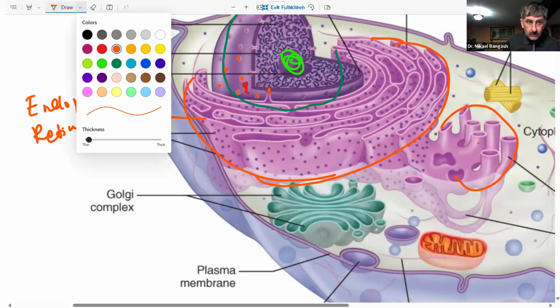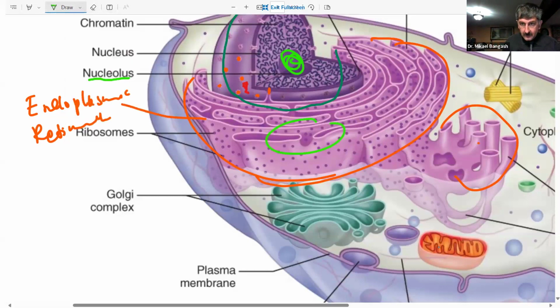But if you compare this versus this, you will see that this one has what appear as small dots. And due to these small dots, that's why we will call this endoplasmic reticulum rough.